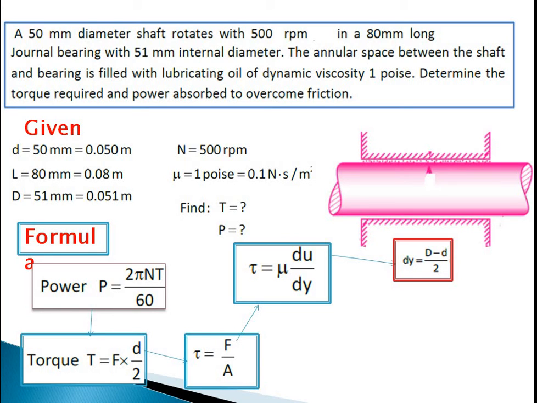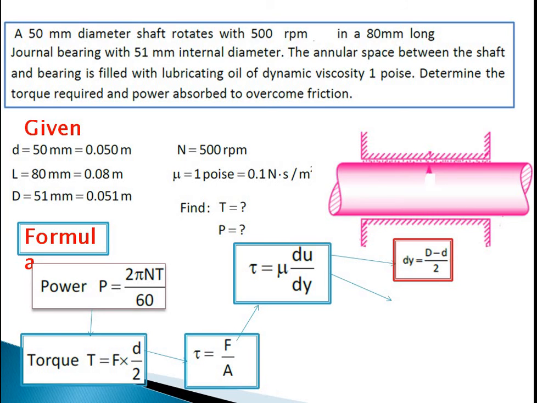Here the journal bearing diameter is 51 mm and the diameter of the shaft is 50 mm. So dy is nothing but the difference between the journal bearing diameter and the shaft diameter divided by 2, so that we get the gap between each wall. So dy is given as D minus d by 2.